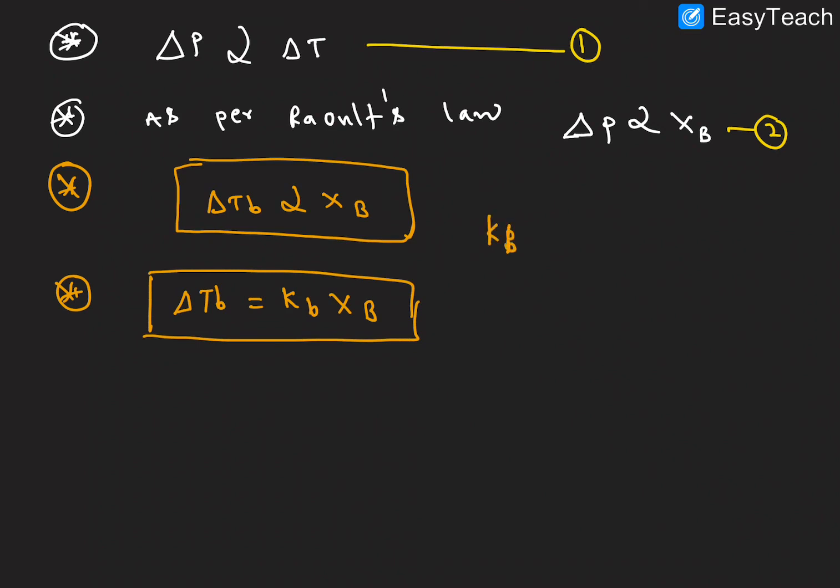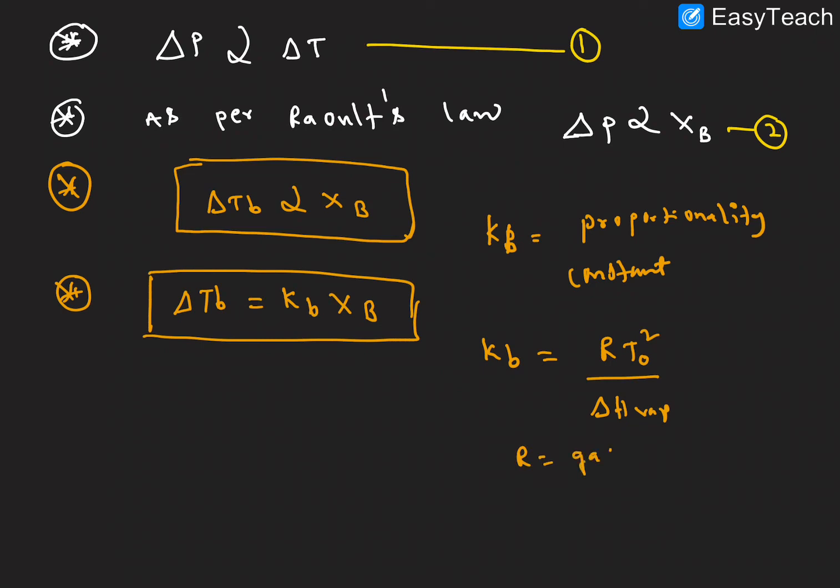Here KB is the proportionality constant. Also KB equals R T naught square by delta H vaporization.